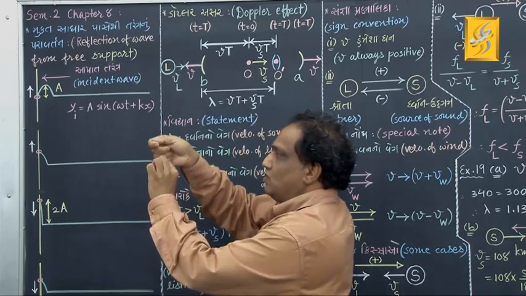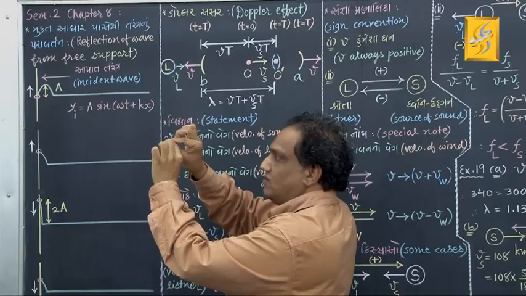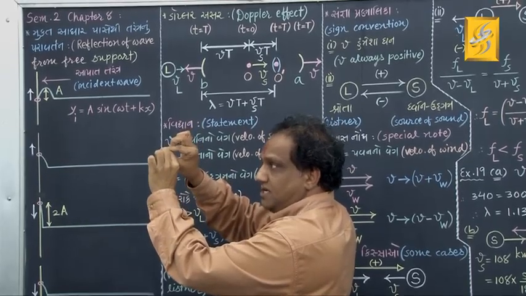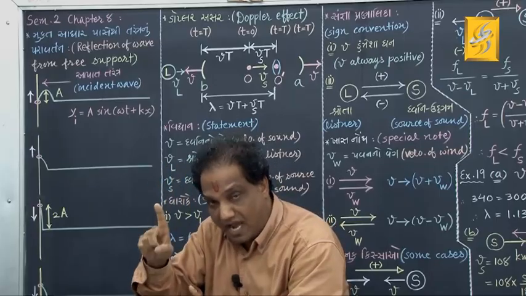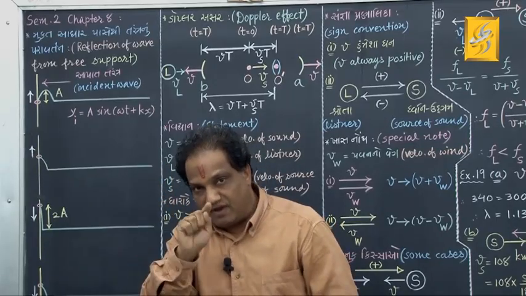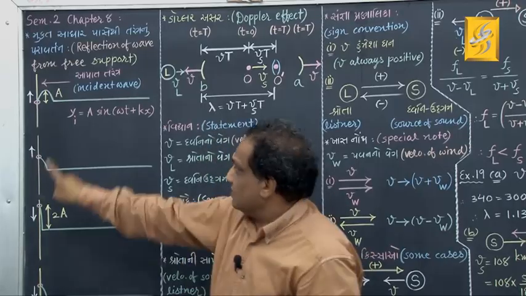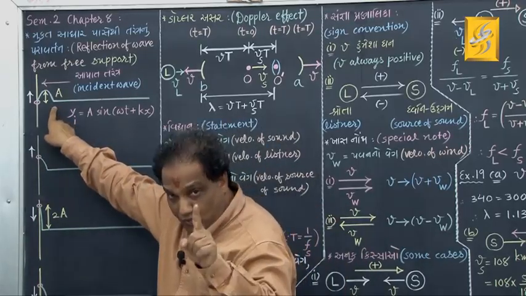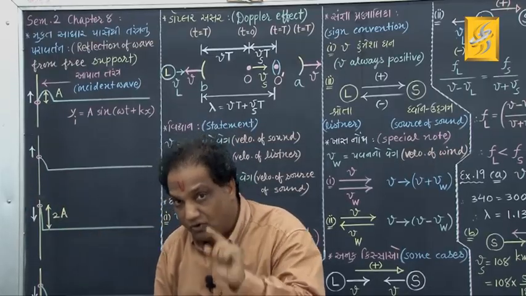Now, when you shake the string like this, upwards and downwards, the total time taken for this oscillation is capital T. So, we are breaking capital T into 4 equal intervals of time: 0, then T by 4, then T by 2, then 3T by 4 and then capital T. This is the situation at time t equal to 0. At time capital T by 4, what has happened?